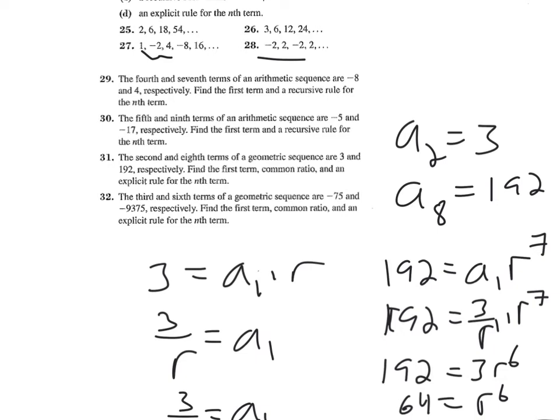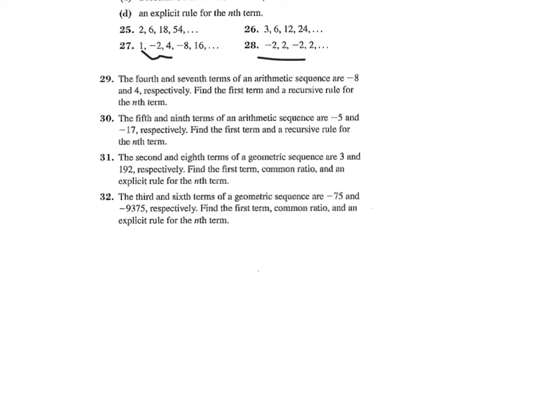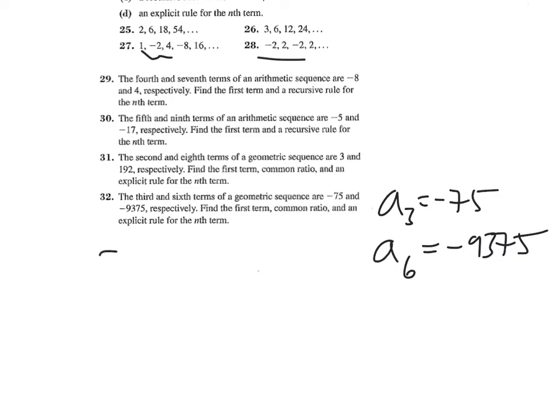Okay, so I see that a sub 3 equals negative 75. I see that a sub 6 equals negative 9,375. So negative 75 equals a sub 1 times r to the n minus 1, and n is 3, so that's r squared.